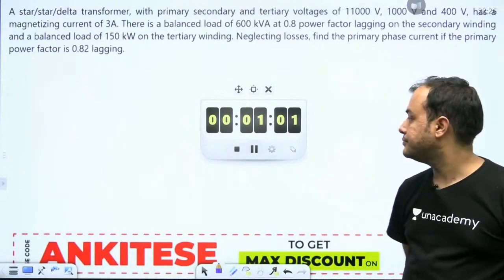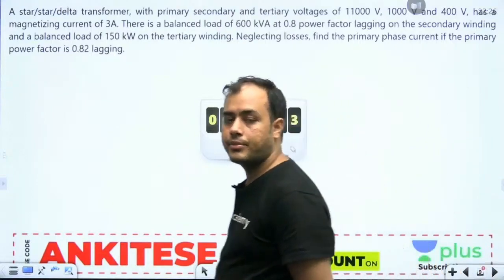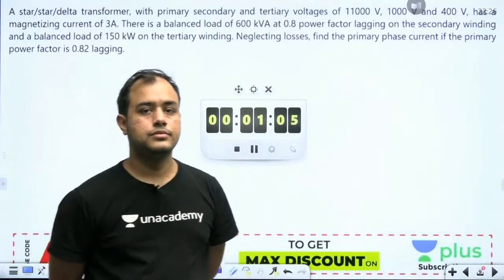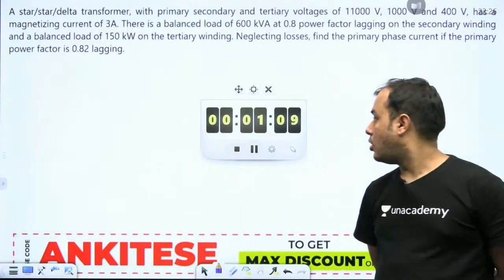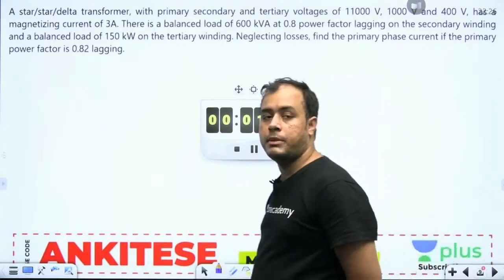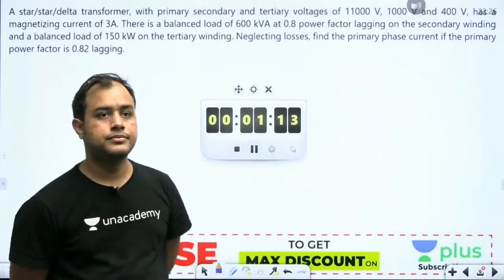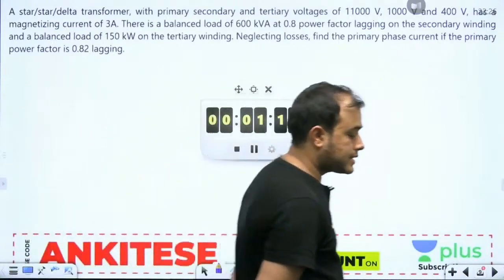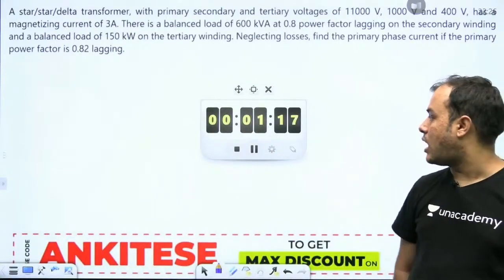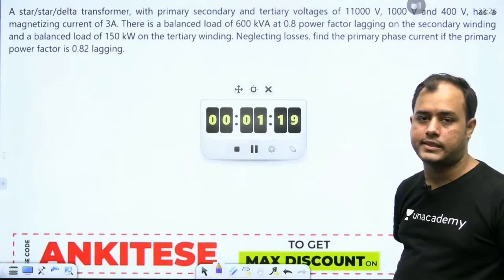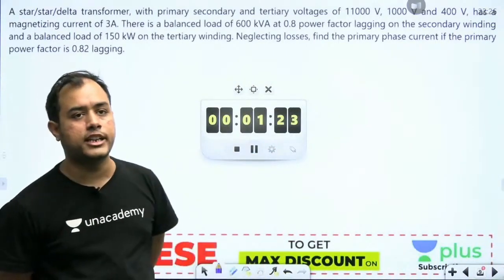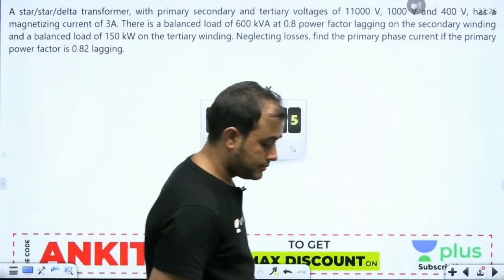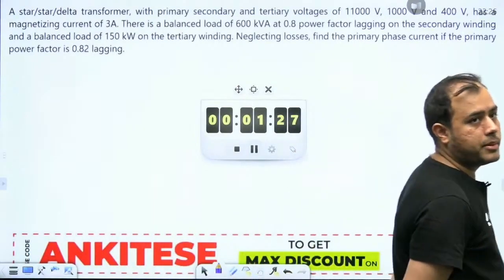Come on, everybody. All of you can crack this problem if you apply your brain. Since I haven't got any answer till now, I'll increase the time till 2 minutes. I am increasing the time allotted. Come on, everybody.